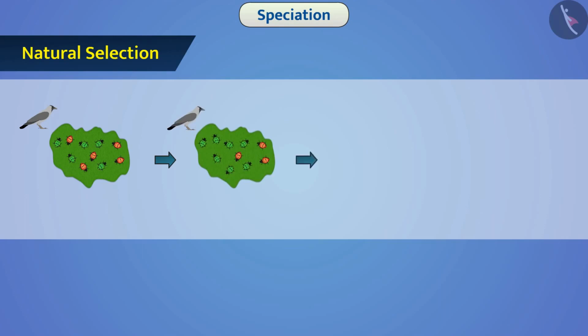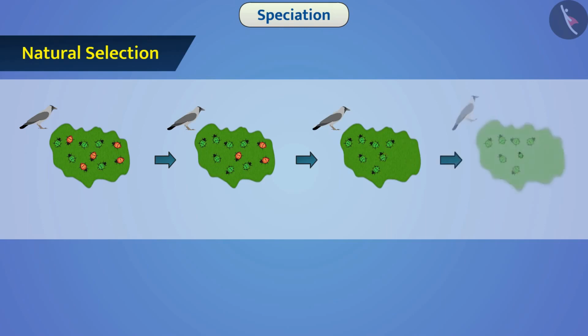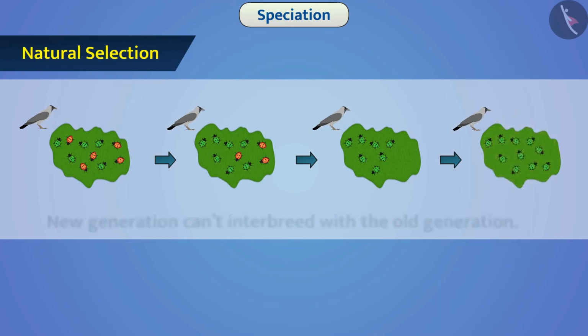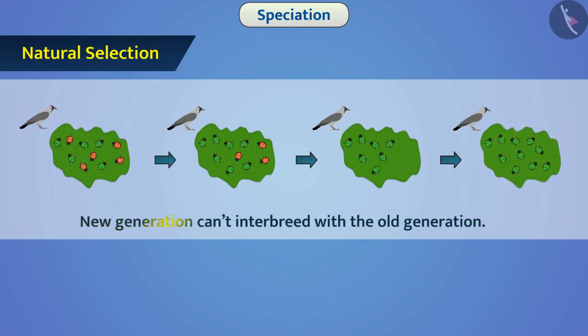Those organisms which do not have favorable adaptation get slowly eliminated. Those who survive transfer these beneficial traits to their offspring. Due to accumulation of such changes over generations, the population of the organism evolves. Sometimes, the new generation becomes so different that it can't interbreed with the old generation. So, we say that a new species has emerged, that is, speciation has happened.